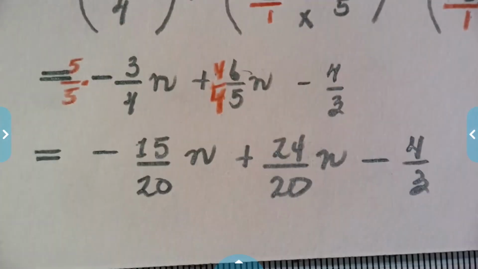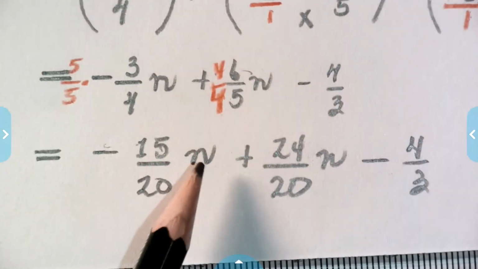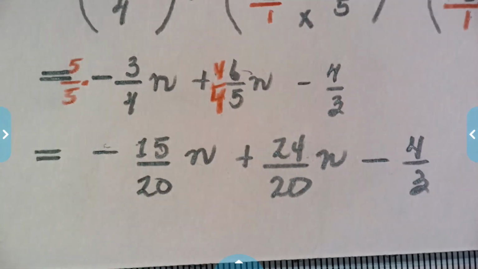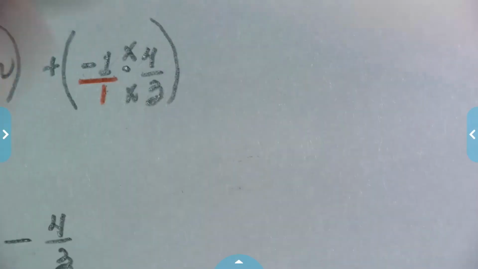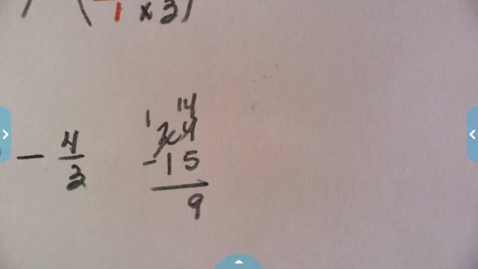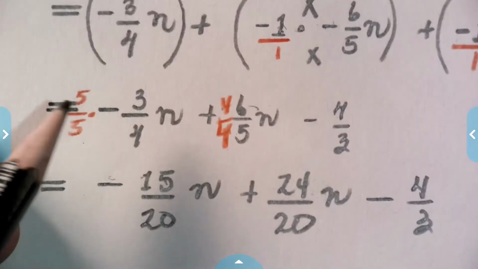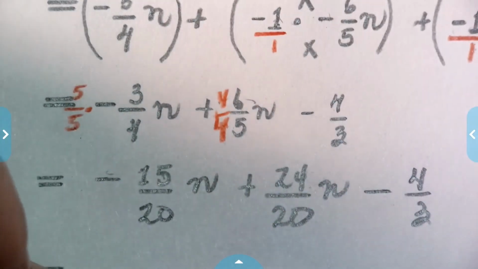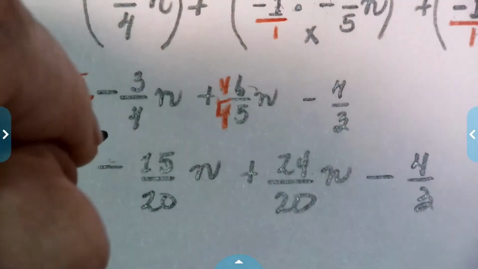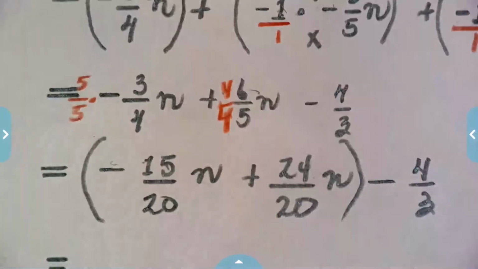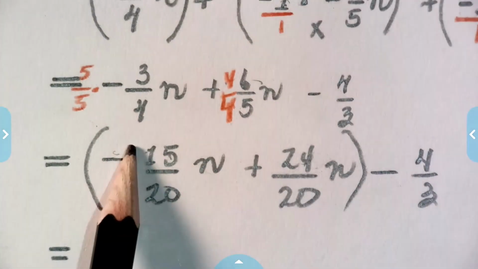Okay, so now I can say, all right, what's -15n plus 24n? Well, what's 24 minus 15? Who knows? Let's subtract 15 from 24. It's 9. And so I could write this like, we are working with those two. 24 minus 15 is 9.